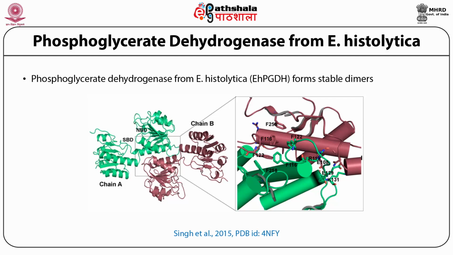These two helices, which are shown as cylinders, are very close to each other, and there are several hydrophobic residues forming hydrophobic packing interactions. At the peripheries, you can also see several ionic interactions and hydrogen bonds. So these interactions make this a stable dimer.